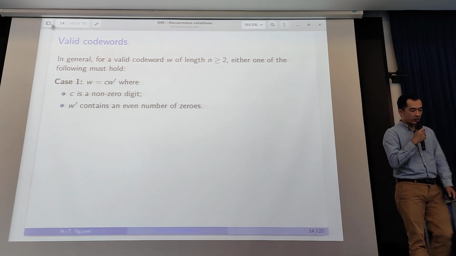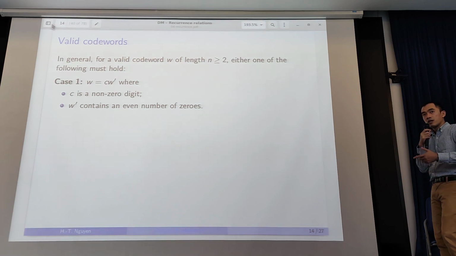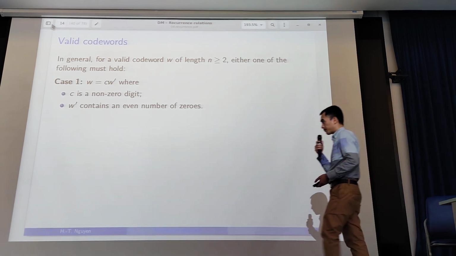So in the first case, suppose that this character C is not a 0. We know that the condition for W is that it contains an even number of zeros. So if C is not 0, that means that the number of zeros in the word W prime is also even. So in other words, W prime is a valid code word of length n-1.